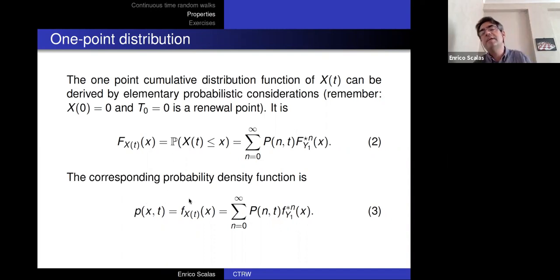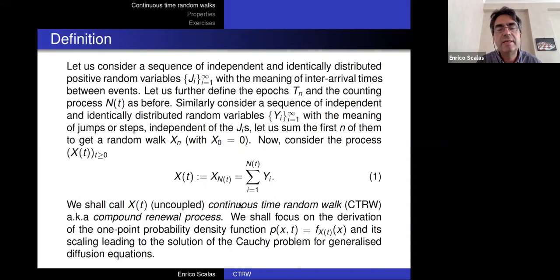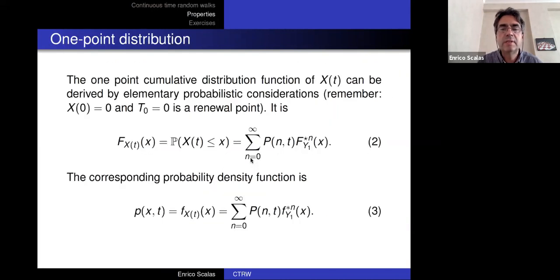So you have very easily, by purely probabilistic considerations, the solution to the problem of finding the probability density function, where you have used essentially the fact that there is independence between the space jumps and the time structure of the process, so that they decouple and the probabilities multiply, and that's what is written here in equations 2 and 3.